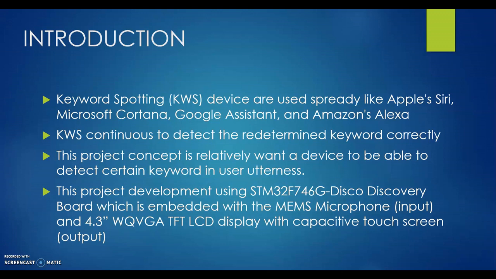For this project development, we are using the STM32F746G-Disco Discovery Board, which is embedded with a MEMS microphone as input and a 4.3-inch WQVGA TFT LCD display with capacitive touchscreen as output.